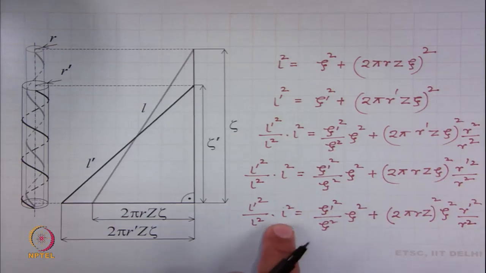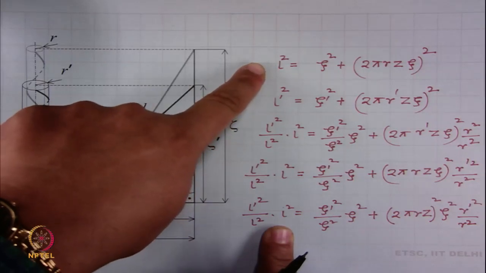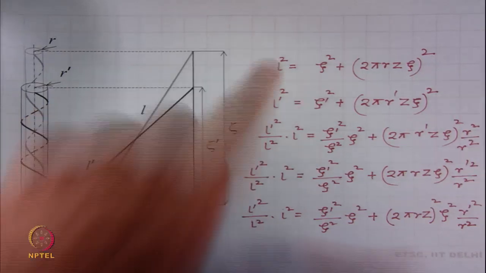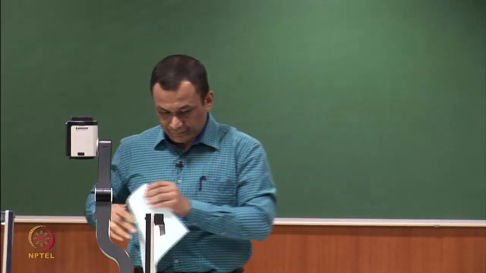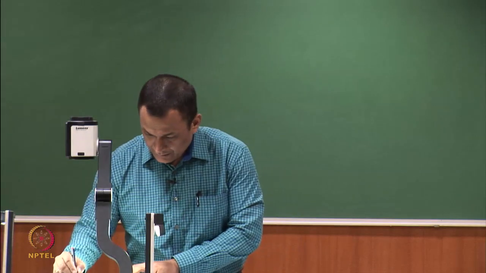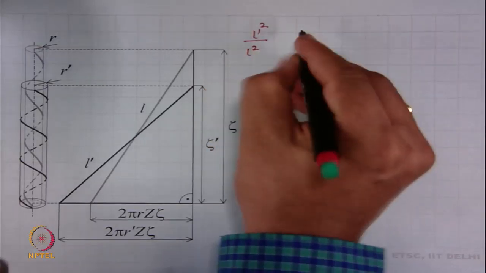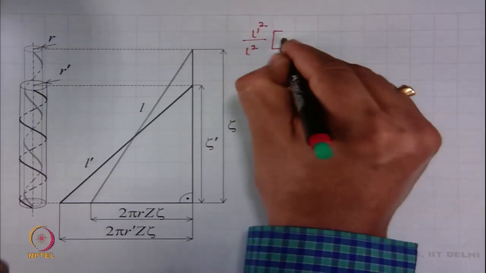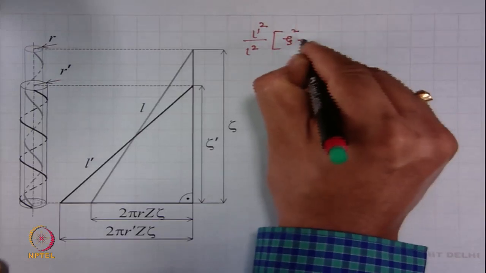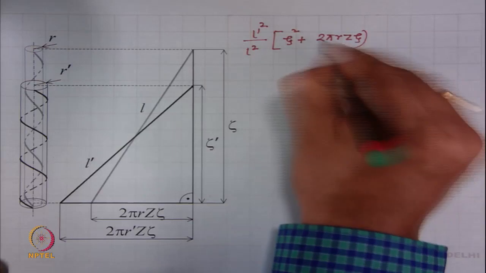Now, this L square we will substitute from this equation. So, what we will get is L prime square by L square zeta square plus 2 pi r z zeta square.